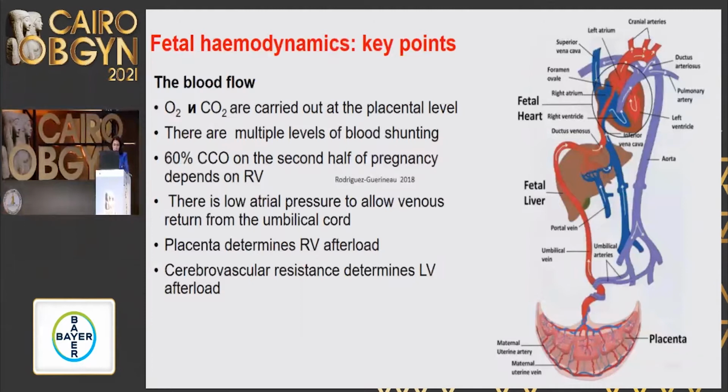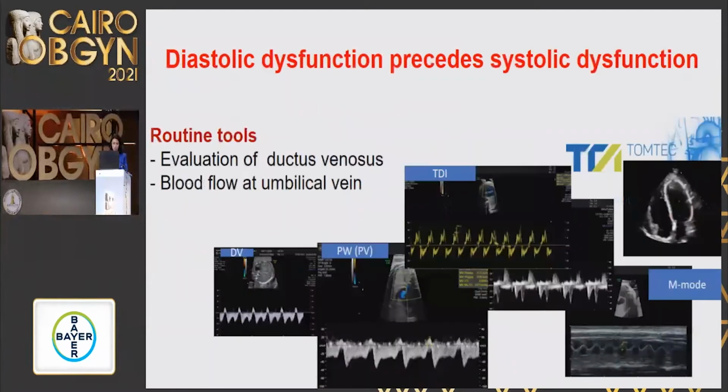The placental circulation determines right ventricle afterload, and cerebrovascular resistance determines left ventricle afterload, and they automatically stabilize in case of fetal hypoxia.